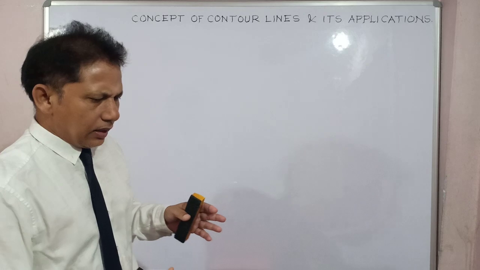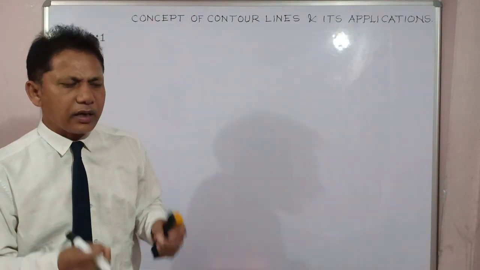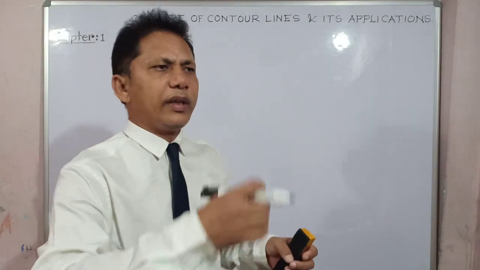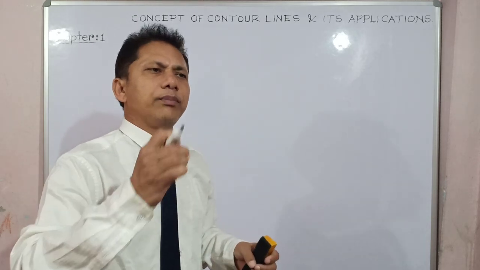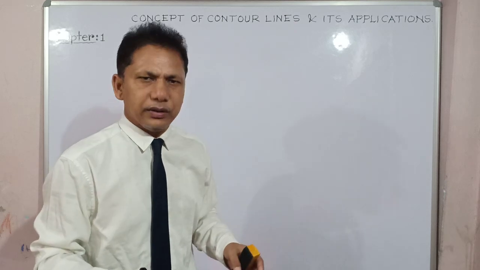So I think there are some basic principles of contours you must keep in your mind. These contour lines, while showing the height of different places on your survey map, maintain certain properties, certain principles, and it never changes.